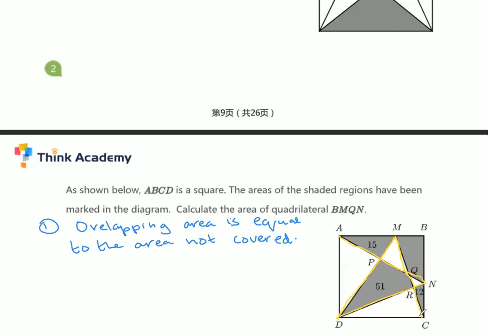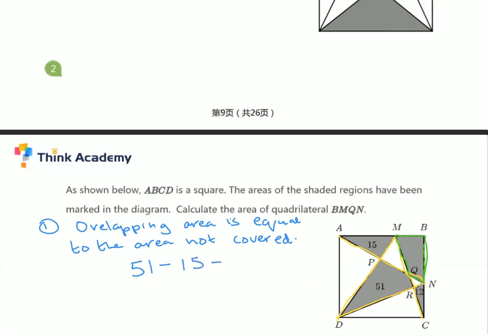Okay, so we've got our two overlaps over here, and we have to work out the area of the equilateral BMQN. So we're trying to work out this equilateral BMQN over here. Well, because we know that the overlapping area is equal to the area that's not covered, okay, we're very simply going to have to do 51 minus what's not covered, which is 15.